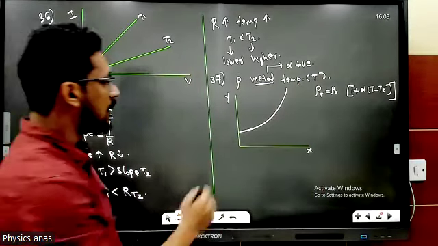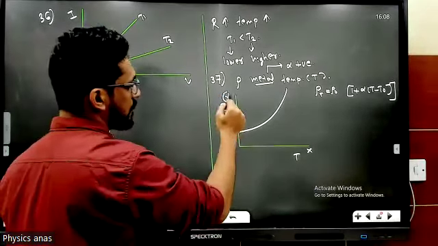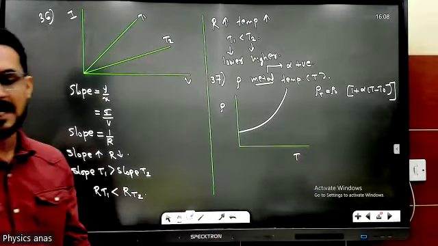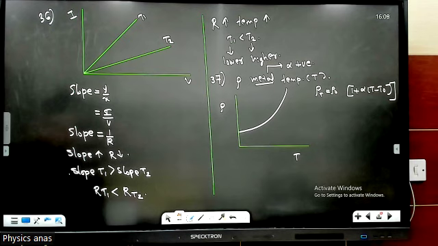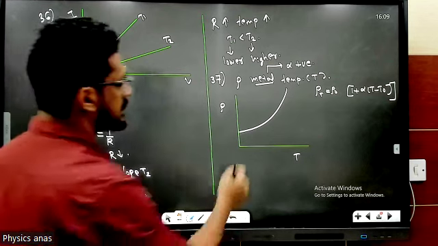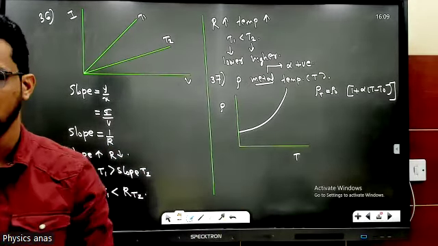This is the graph of resistivity and temperature for metals. Even if the value of temperature is 0, they will exhibit a value of resistivity.